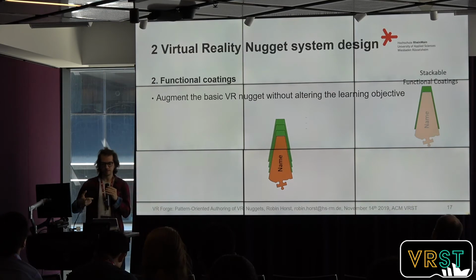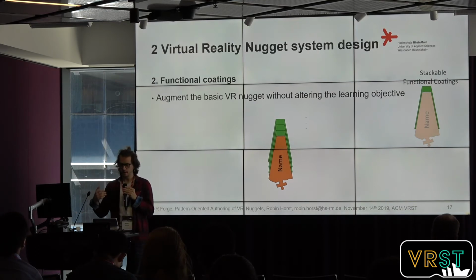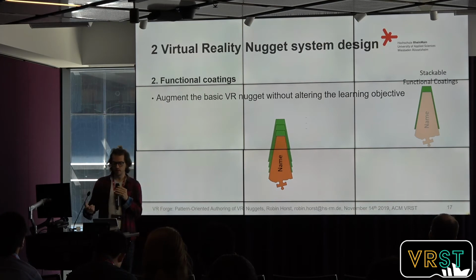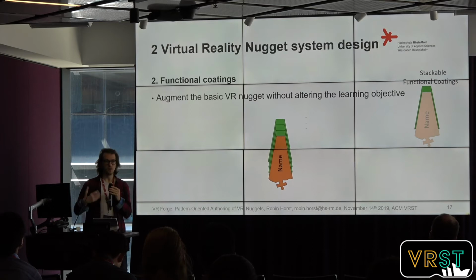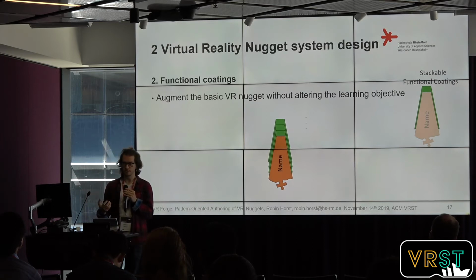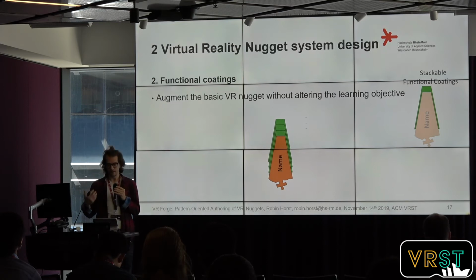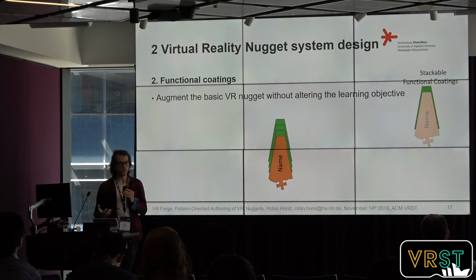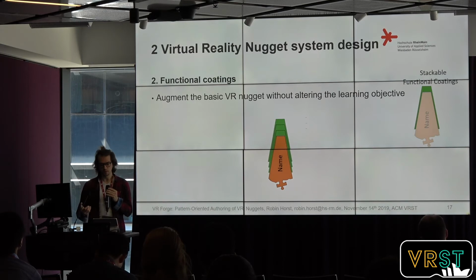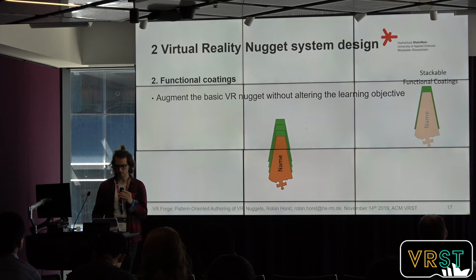So we try to provide quite a high-level adjustment layer if you want to. So we can add supplemental functionality, but which does not alter the utility of such a VR nugget. Meaning it does not alter the underlying intention of the pattern that we choose, which might be, for example, to compare two things as a learning goal.